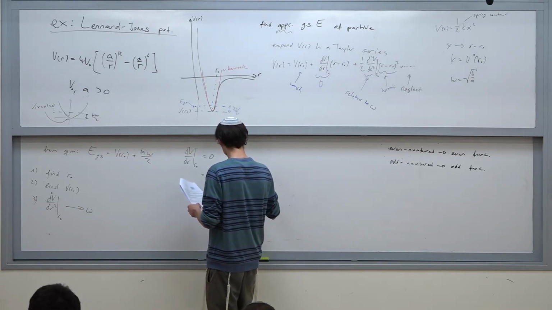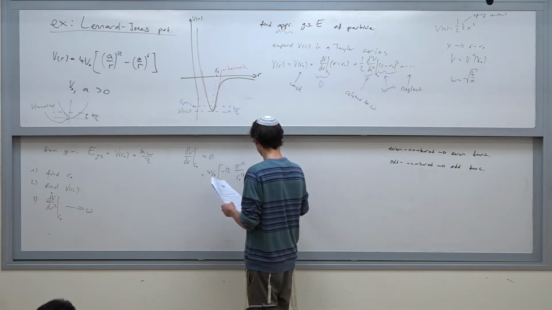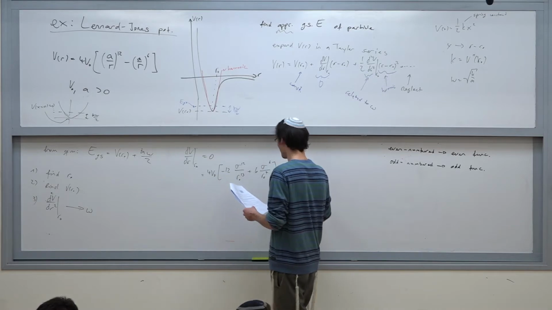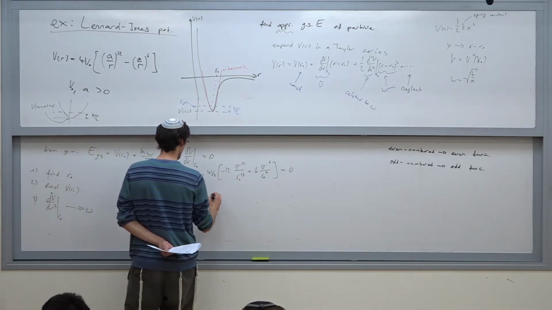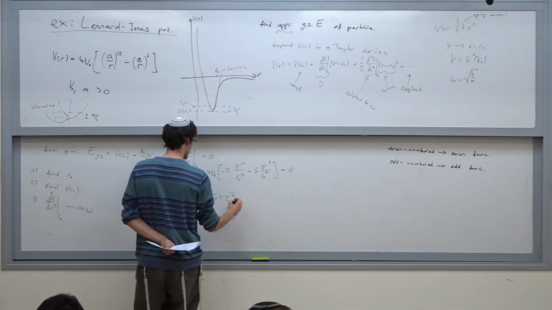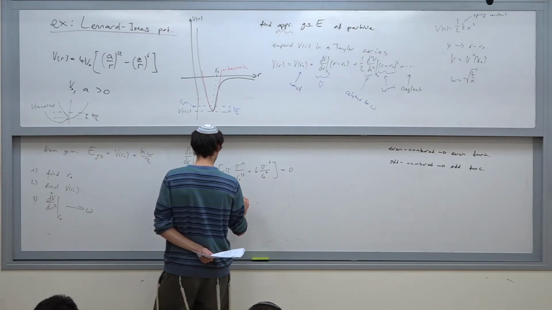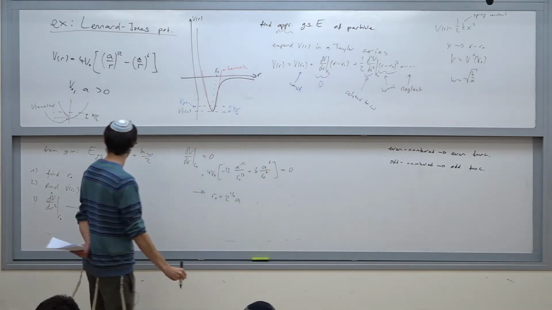Can we skip it and move to the important stuff? We will in a second. So we take the derivative equal to 0. We find that R0 is equal to 2 to the power 1/6 times A. Sorry, that's not sigma, that's A.